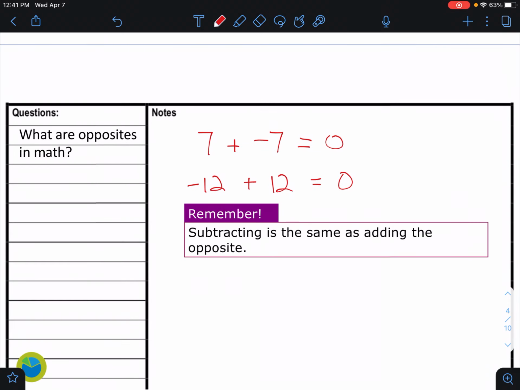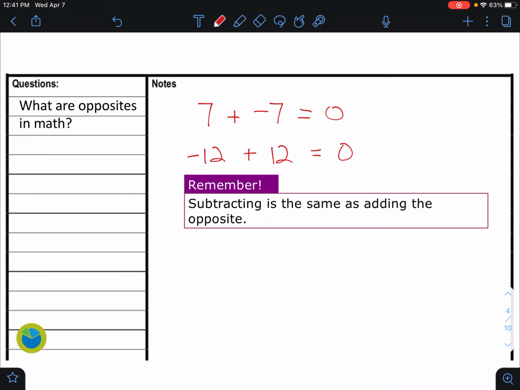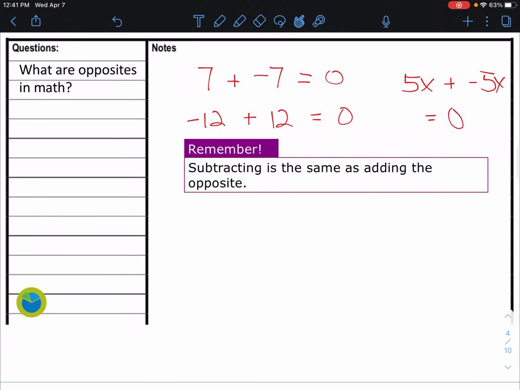This also, by the way, applies if you have like 5x, the opposite of that would be negative 5x, right? So if I add those together, I would still get 0x or 0. So one of the things that we can do, and you're probably already familiar with this, you maybe just didn't know it.